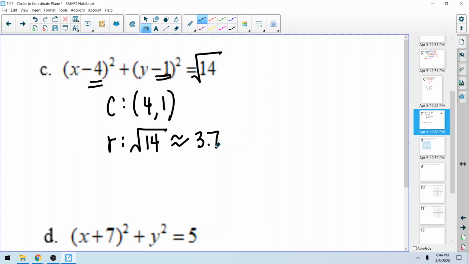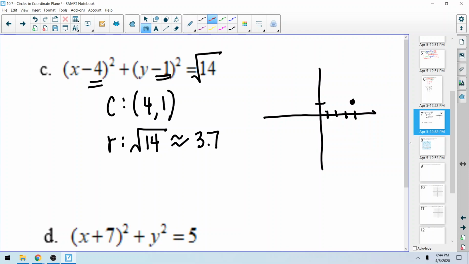The reason we would use an approximation here is because if I ask you to graph this, and you go over here on a graph, you're going to go, okay, 4, 1, 1, 2, 3, 4, 1. There's my center. Well, then if you have to go your radius, well, how much is the square root of 14? I don't know. That's not helpful.